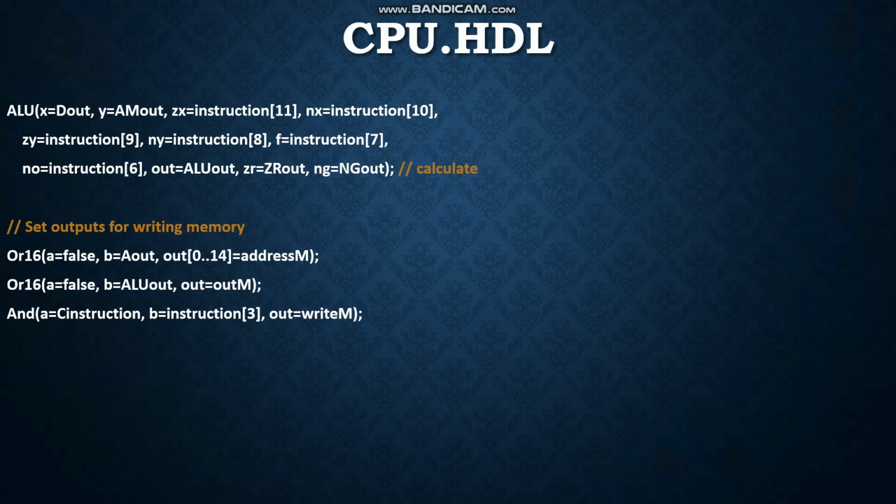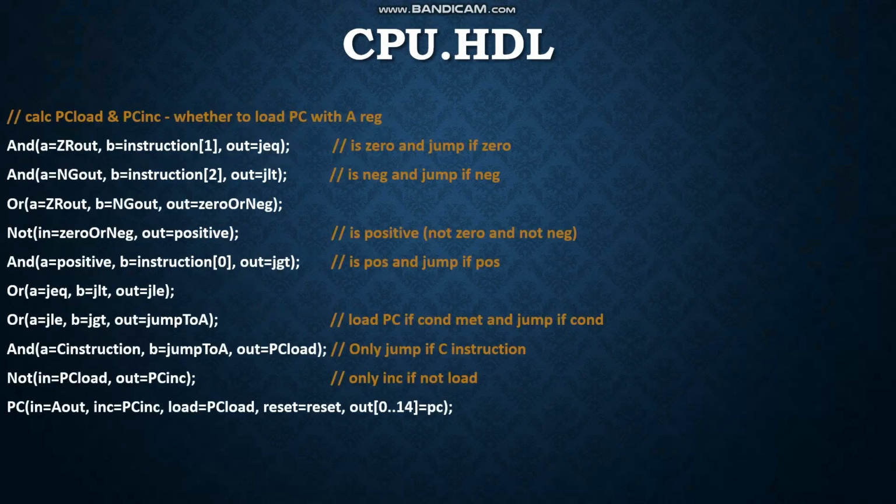The second OR gate performs a bitwise OR operation between false and ALU out, storing the result in out M, setting the least significant bit of out M to 0. Now the third part, the AND gate, performs a bitwise AND operation between C instruction and the fourth bit of instruction, storing the result in write M.